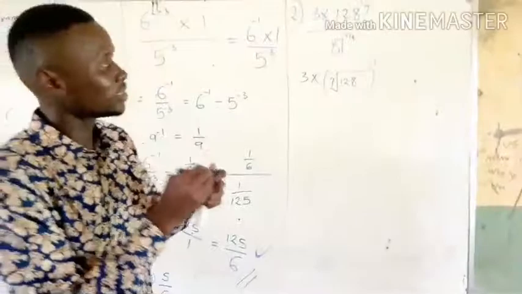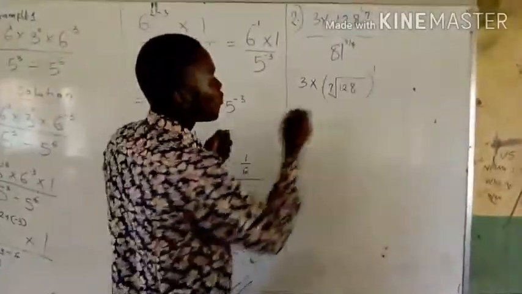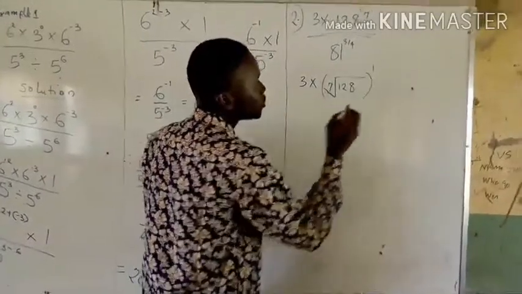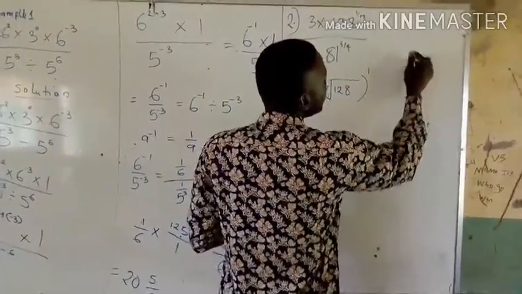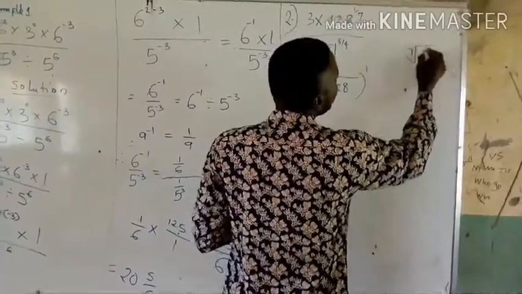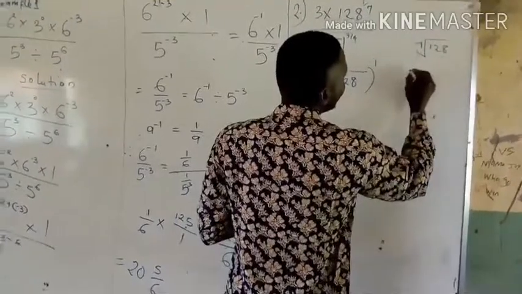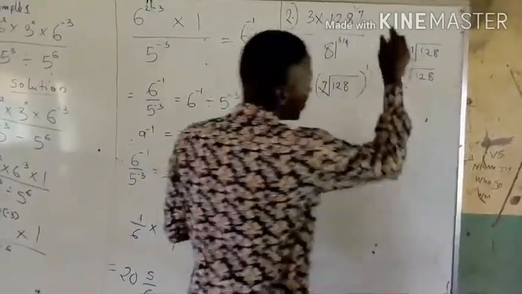That's how to represent this here. The 7th root of 1. Mind you, there's a difference between a number like this, 7 roots of 128, and they are not the same.